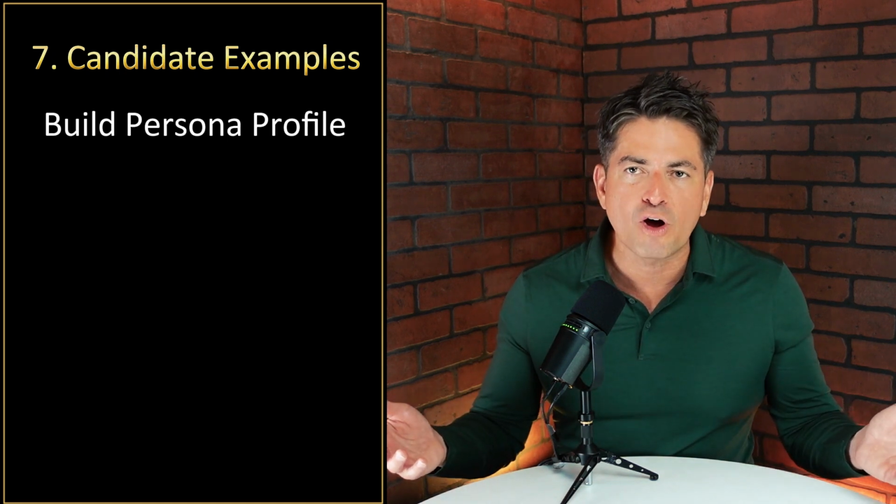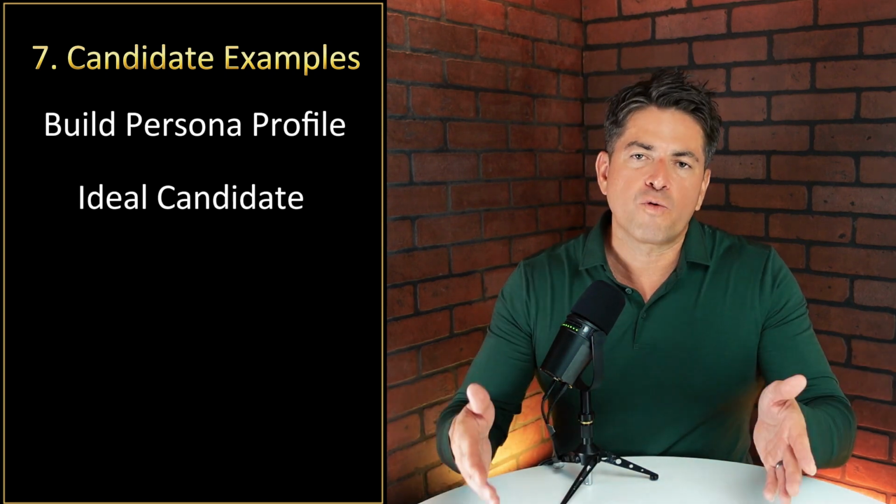And so what you can ask ChatGPT to do is create candidate profile examples. Really what you're trying to do here is build a persona profile of your candidate, which is essentially an avatar in sales. By creating an avatar, a persona candidate profile, you can start conceptualizing the ideal candidate for this position.